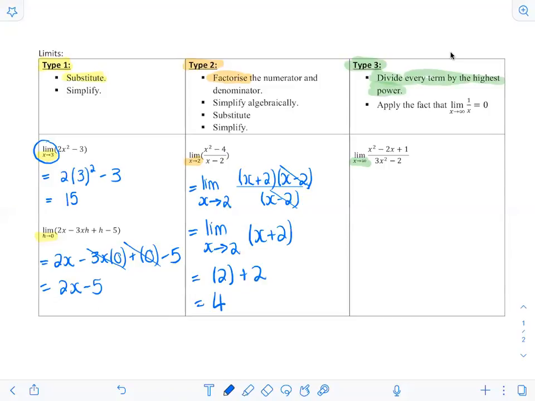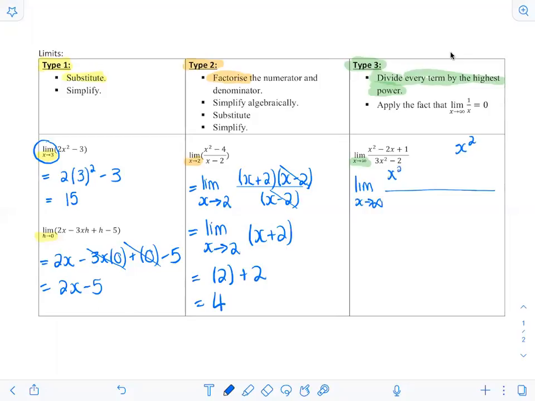If you look at this algebraic expression, the highest power of x is x squared. And now I'm just going to do exactly what that recipe tells me. I'm going to divide every term by x squared.